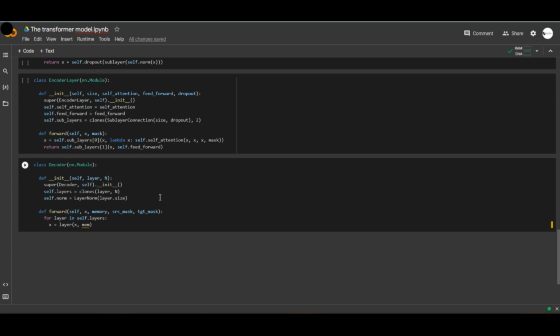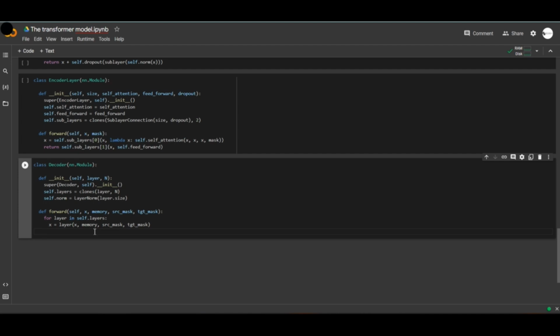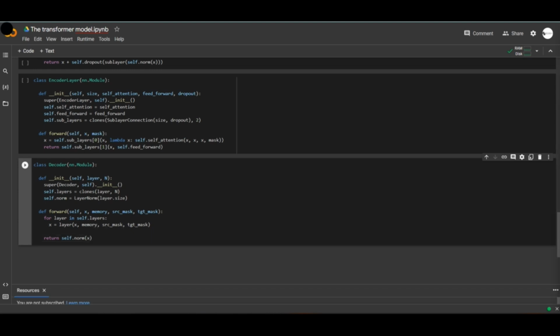So here we're providing memory, we're providing source mask, we're providing target mask. Then when we're done, we just need to return self.norm of x. Hope this makes sense.